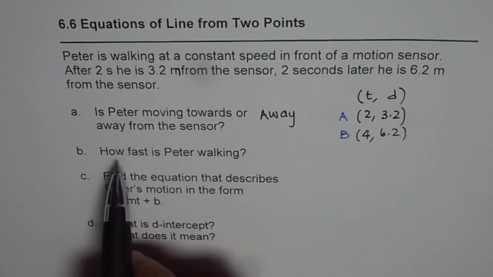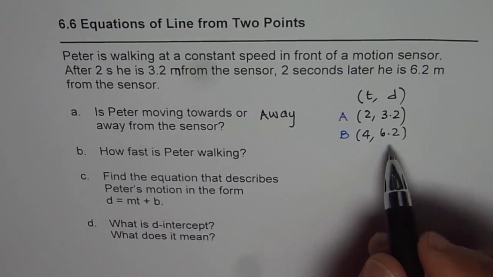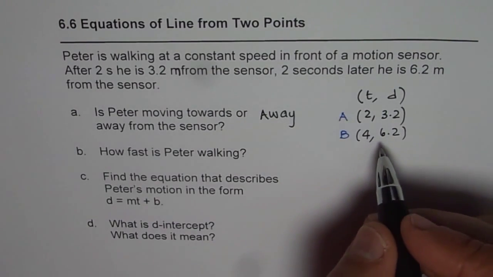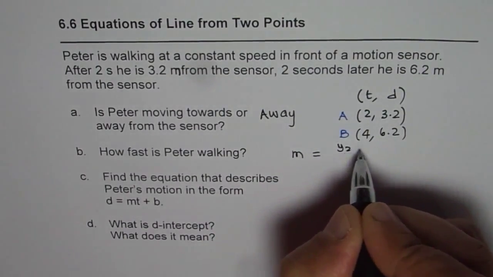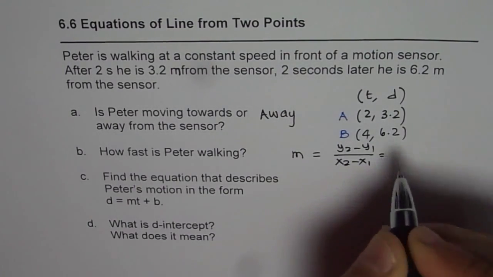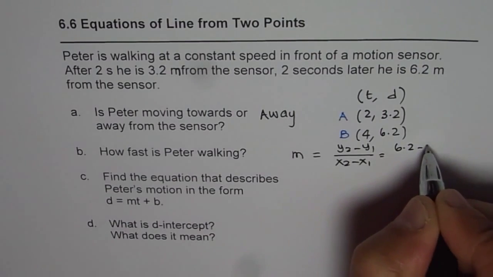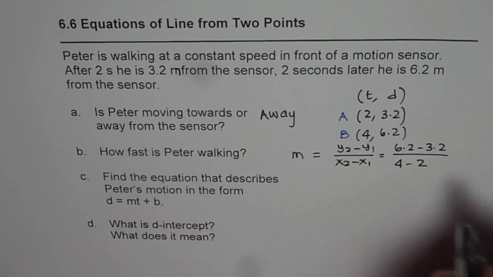Now the question is, how fast is Peter walking? This speed we can find with the rate of change, or the slope in this case. So slope is y2 minus y1 over x2 minus x1. That is to say, 6.2 minus 3.2 divided by 4 minus 2, correct?